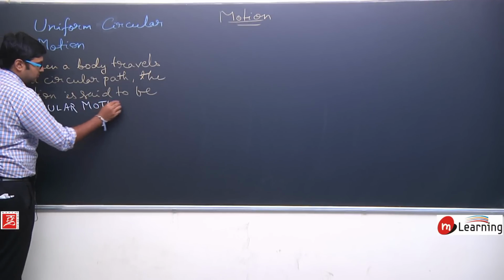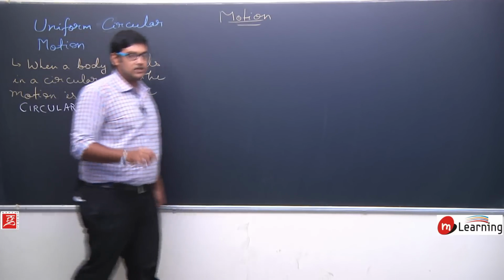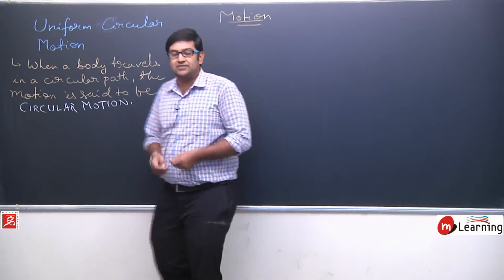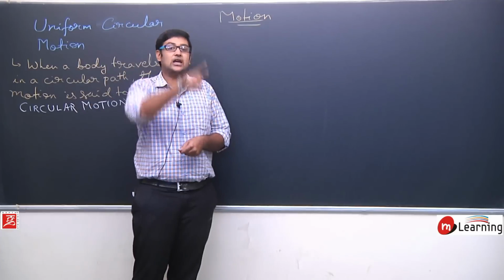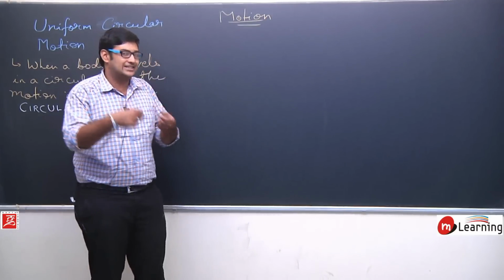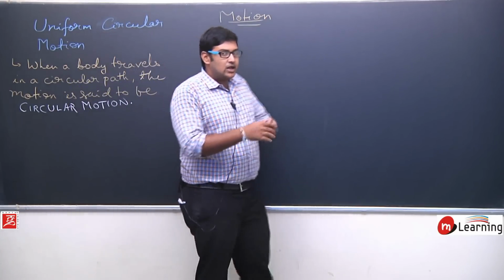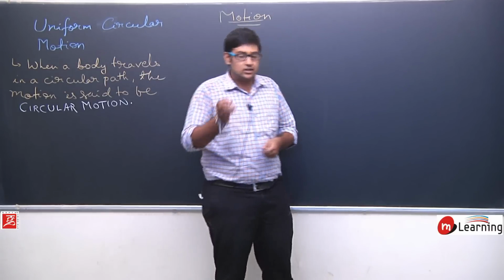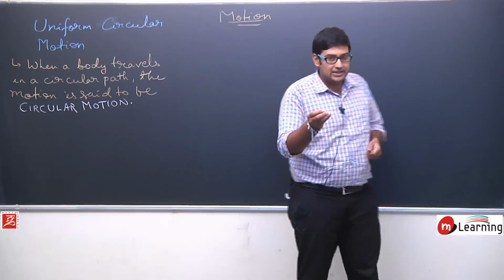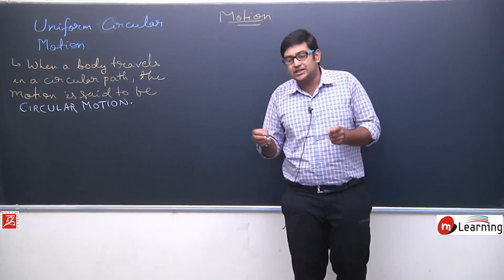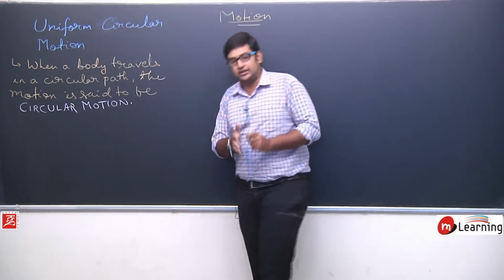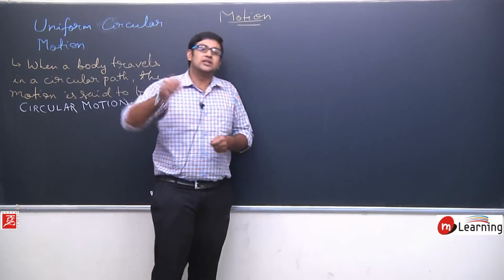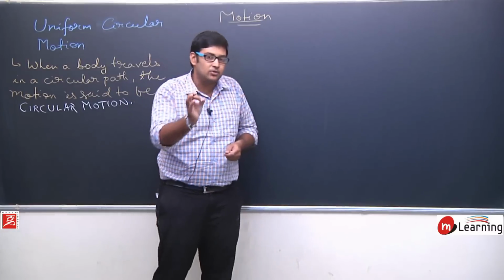The motion that the object will perceive would be known as circular motion when it is traveling along a circle. You know what is a circle? Circle is the path of a point which is always at a particular distance from a given point. So if a body travels on a circular path, that motion will be known as circular motion.